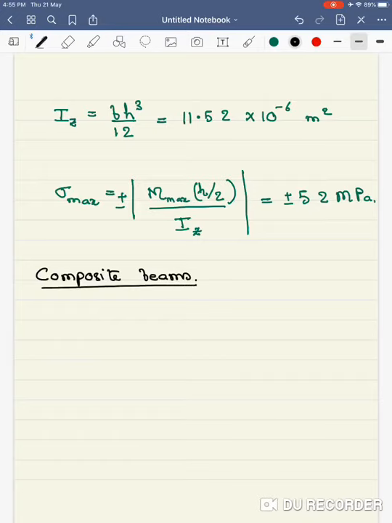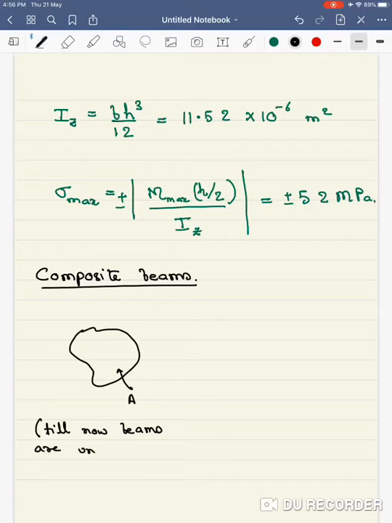Till now, we had been assuming that whatever the cross section is, if you had an arbitrary cross section, it had to be symmetric, but it also had to be uniform. So till now, beams are uniform.